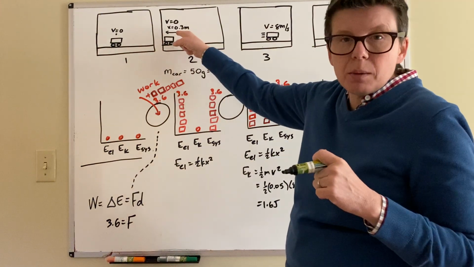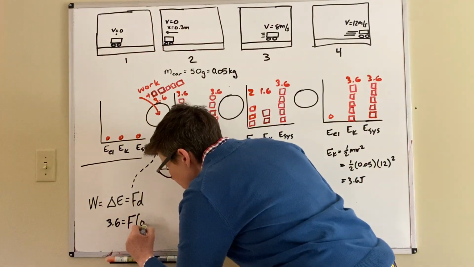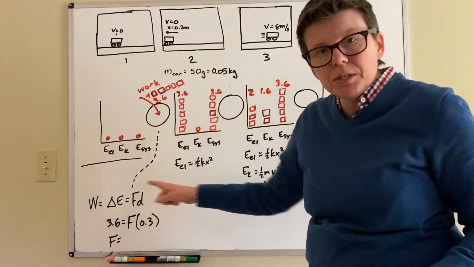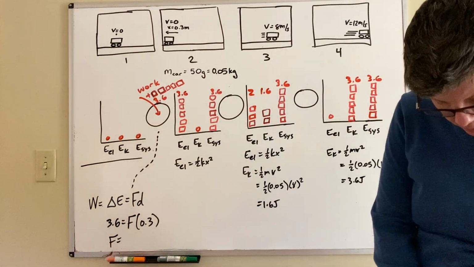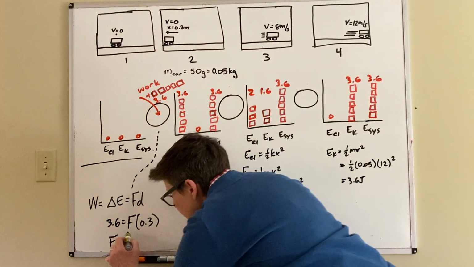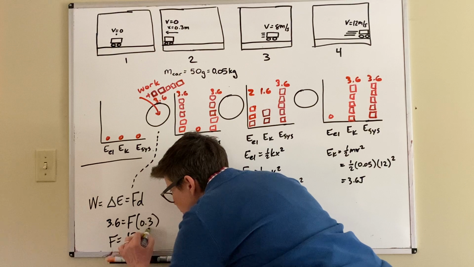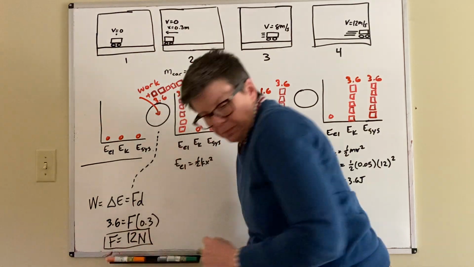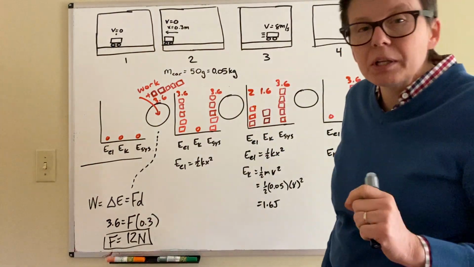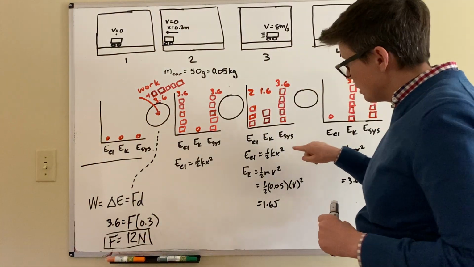Oh, yeah, it turns out it's that 0.3 meters. This will be 3.6 divided by 0.3. I get 12. It's a force, 12 newtons. 12 newtons, part C.